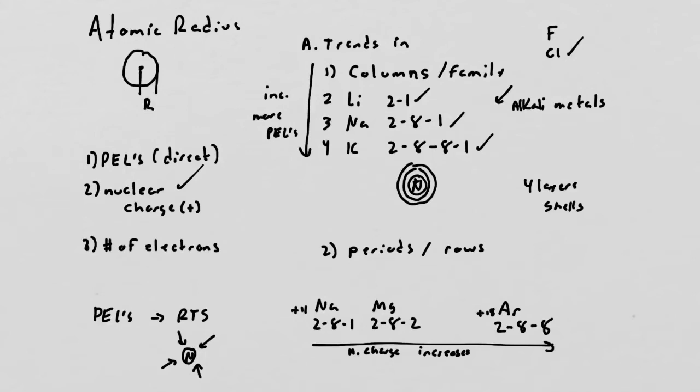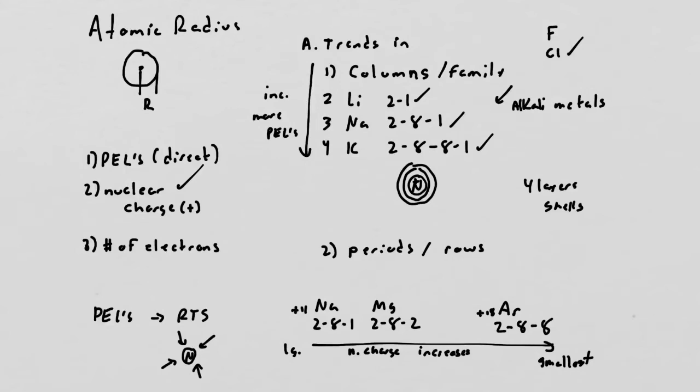And so as nuclear charge increases, the radius is going to get smaller, assuming the number of energy levels is exactly the same, which it is for a row. So it doesn't matter what row you're talking about. As you go across the row, the smallest radii are going to be over here on the right, and the largest are going to be over here on the left.